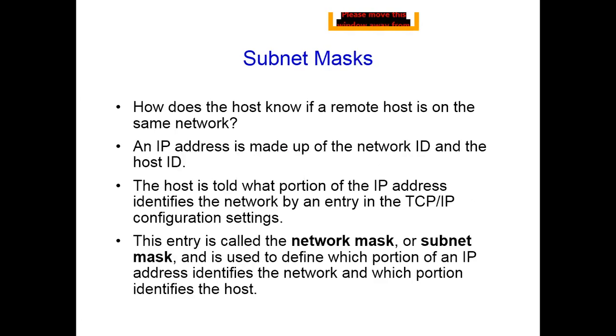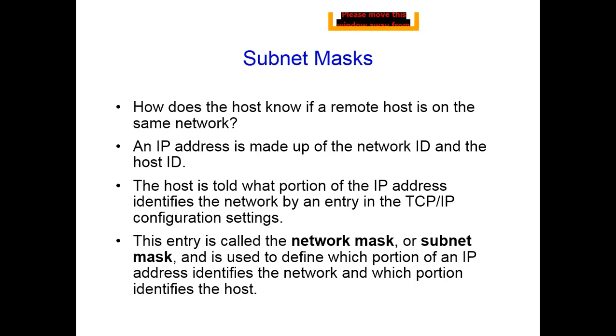Subnet mask. How does the host know if a remote host is on the same network? An IP address is made up of the network ID and the host ID. The host is told what portion of the IP address identifies the network by an entry in the TCP/IP configuration settings.